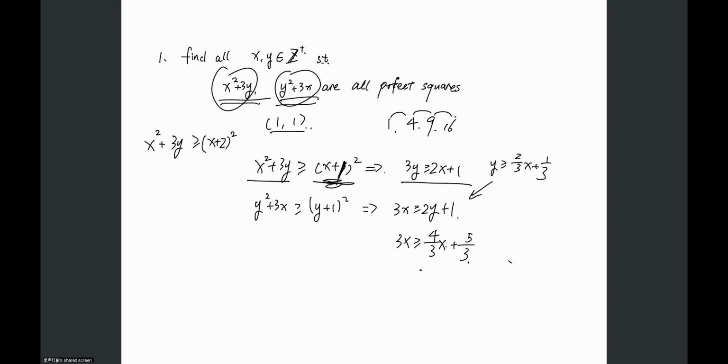This means that 3y is larger or equal to 2x plus 2. And 3x is larger or equal to this, so 3y is larger or equal to 4x plus 4.